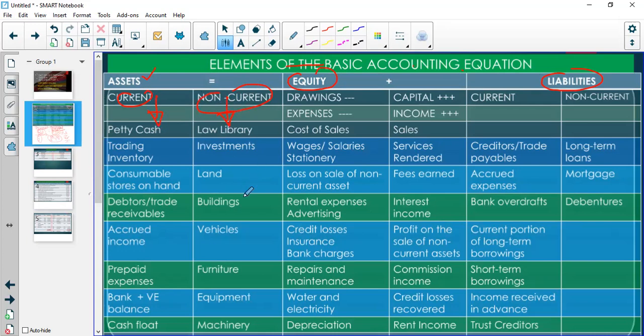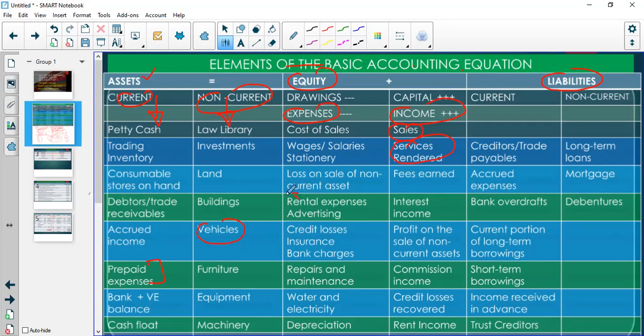Because we are interested in knowing how many vehicles we have, how much prepaid expenses we have. Then we also have expenses and income, where we are interested in knowing how much sales we made. Each time we render a service or make a sale, we're going to record it there over and over.